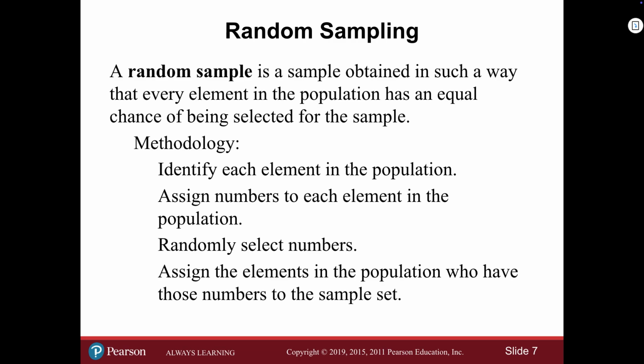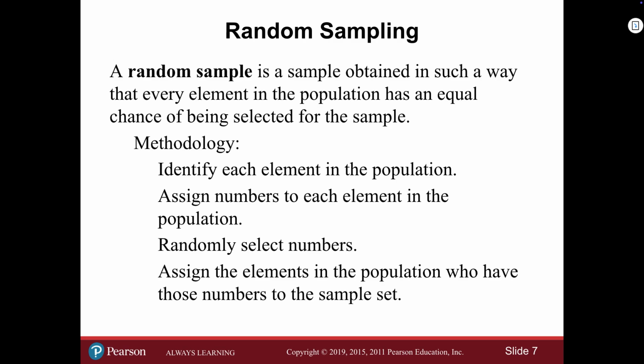How you go about doing that is part of a fuller statistics class, which many of you may take, especially if you go on to a master's degree. Most master's degrees will have you take some kind of statistics class because they want you to understand how to do all this.